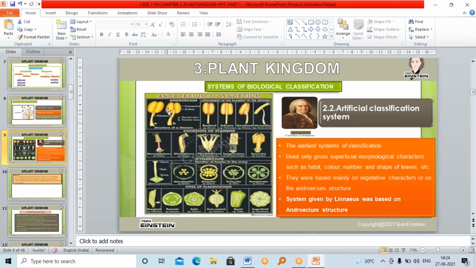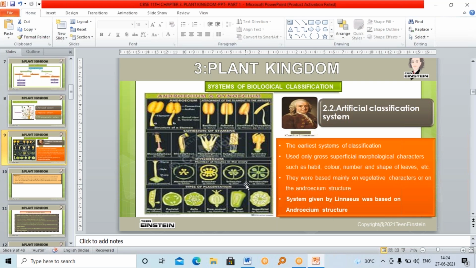In this classification, they used only superficial morphological characters. Based on what did they do their classification? Based on superficial morphological characters. Morphological means the visible features, characters like color, number, shape of lip, then habit, all these things.